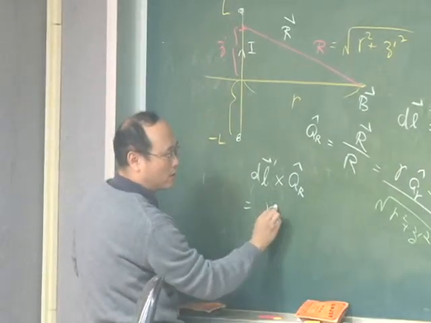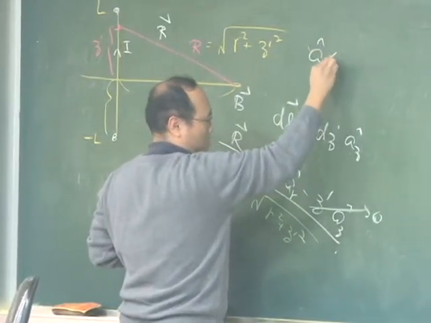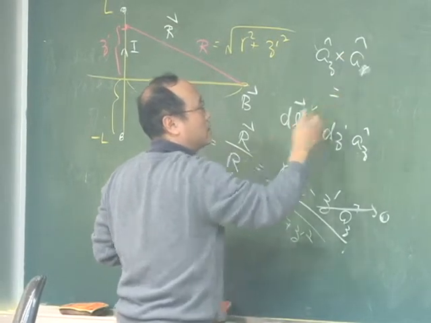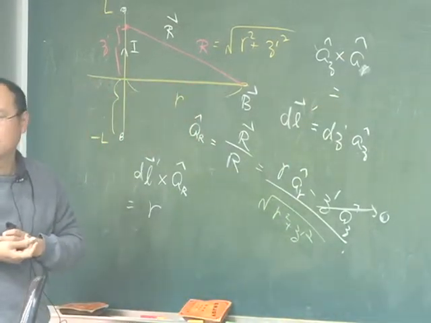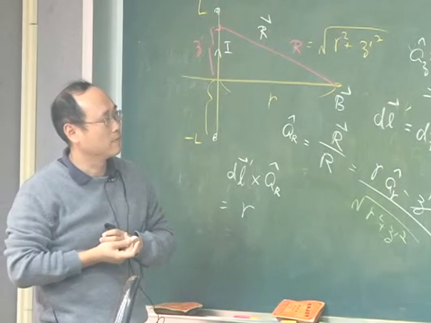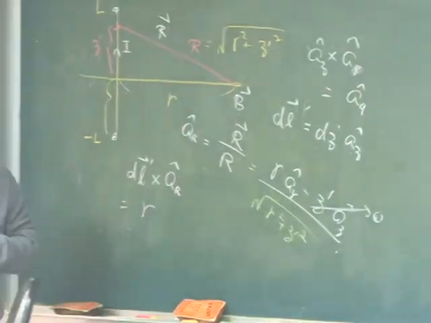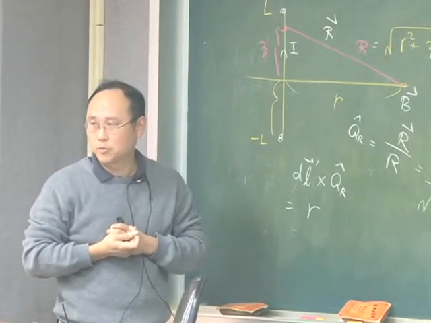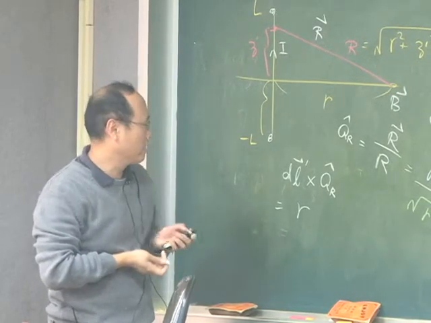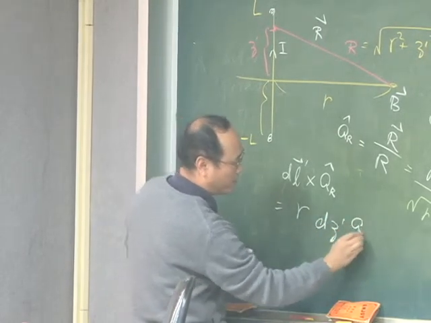You have r a z cross with a r. What is this? This is a phi, right? a z cross with a r gives you a phi. So this gives you r dz prime a phi.